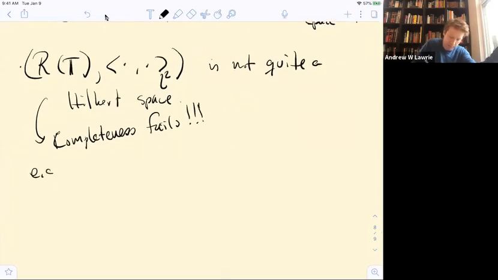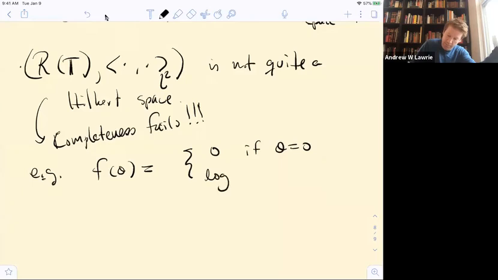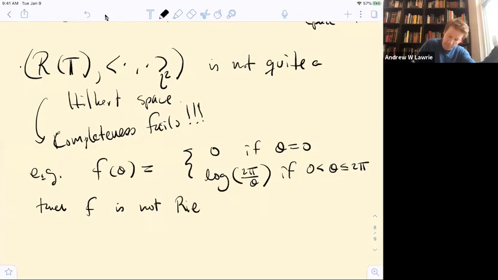For example, if I take f of theta to be equal to 0 if theta equals 0, and log of 2 pi over theta if 0 is less than theta less than or equal to 2 pi, then f is not Riemann integrable.